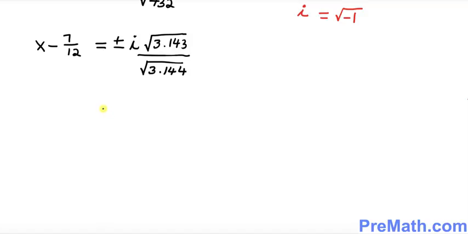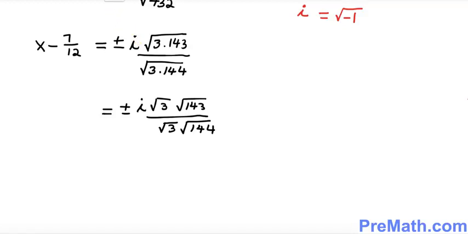We just want to simplify a little bit more. Positive or negative i. Let's split up these radicals like this: square root of 3 times square root of 143 divided by square root of 3 times square root of 144, isn't it? So what happens right now? This square root 3 and this square root 3 are gone.